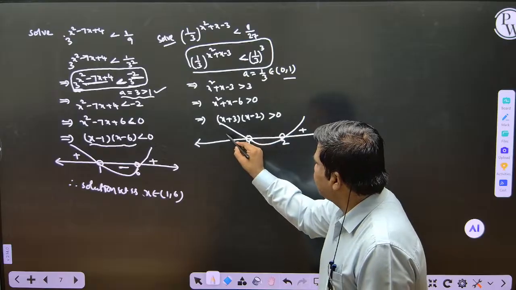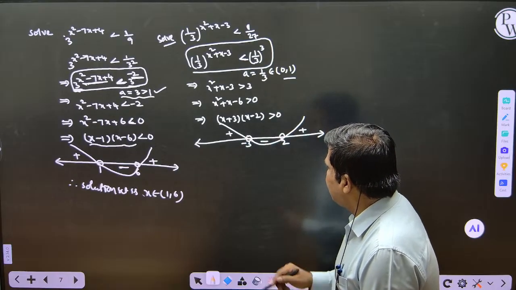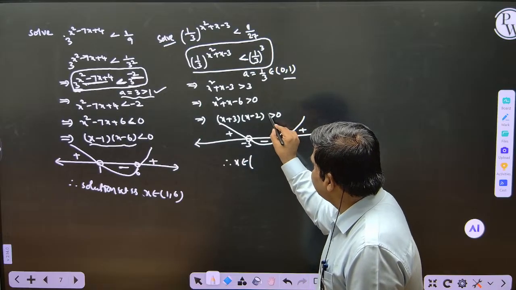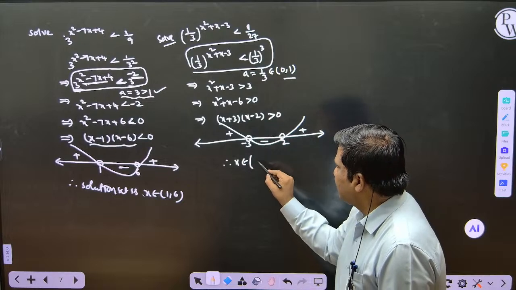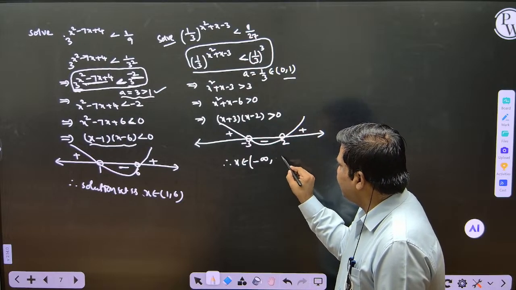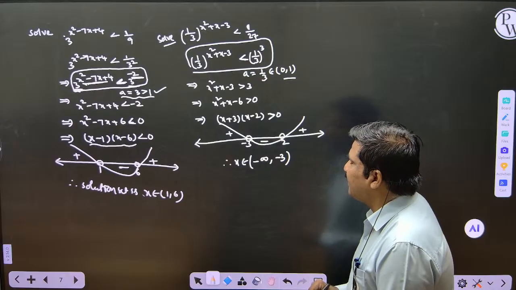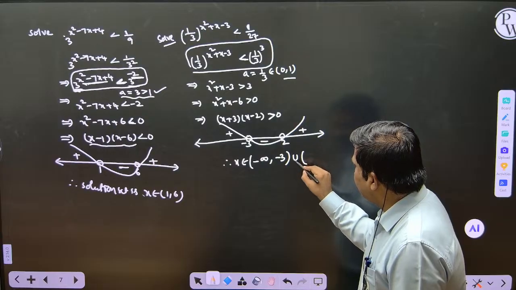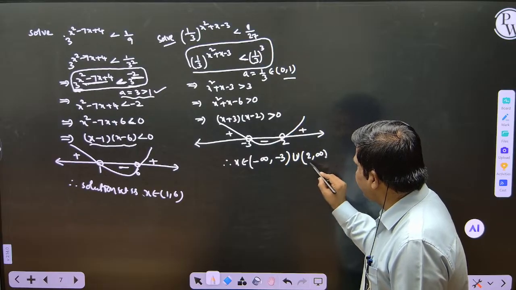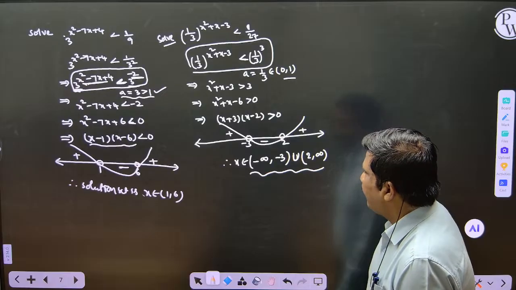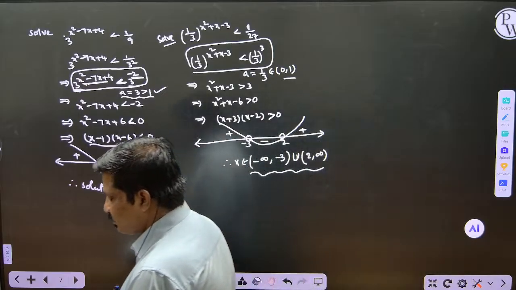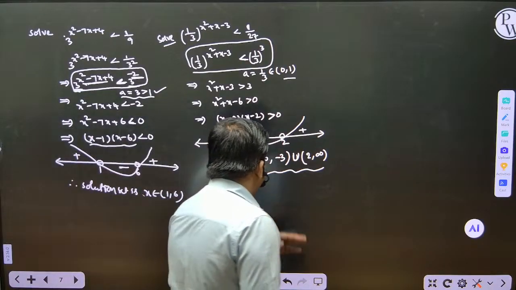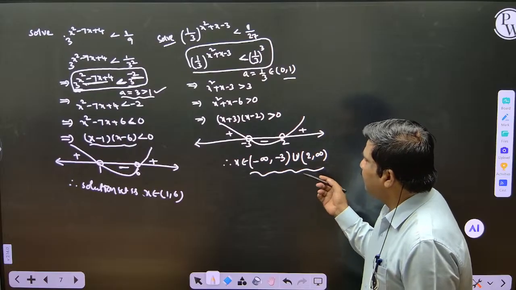This is plus, this is plus, this is minus. So x belongs to what? We want to consider the positive part. The positive part is minus infinity to minus 3 union 2 to infinity.